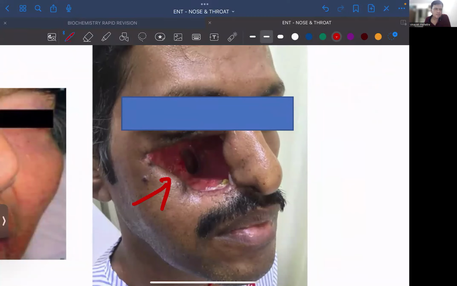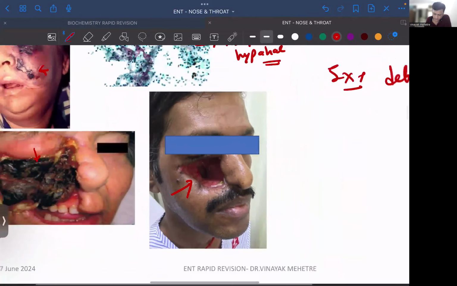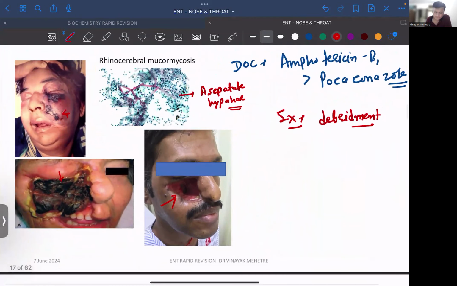Like this for the rest of the life. Rest of the life, patient will have face like this. We are very fortunate, some of us, that we didn't had mucormycosis. Otherwise, we would have had such deformities.